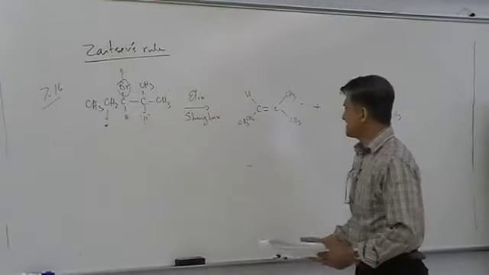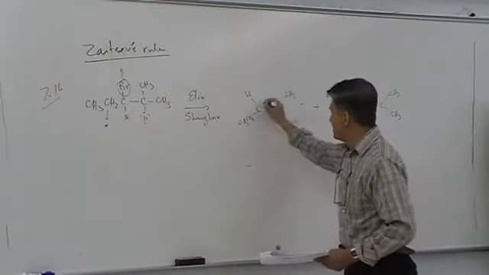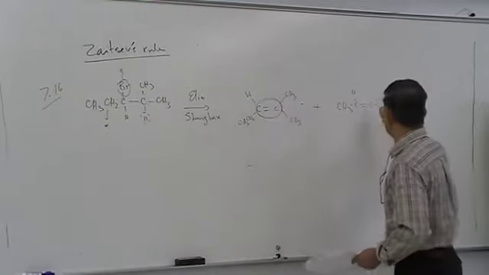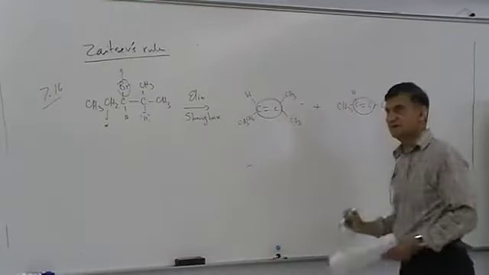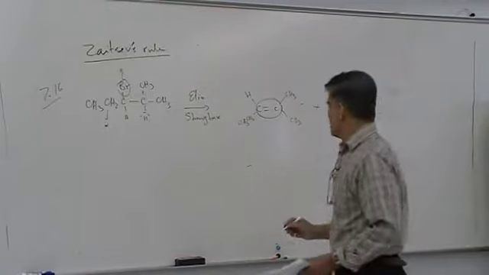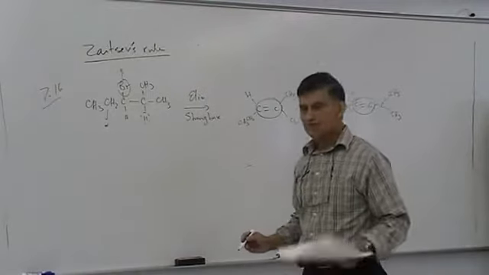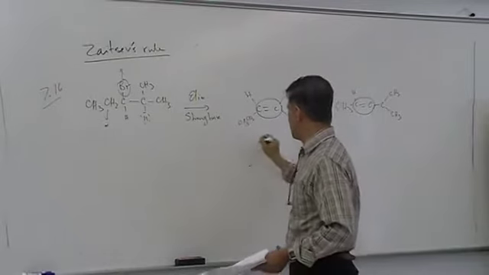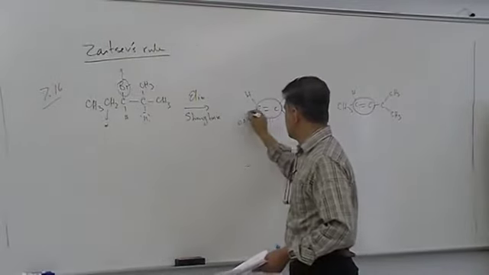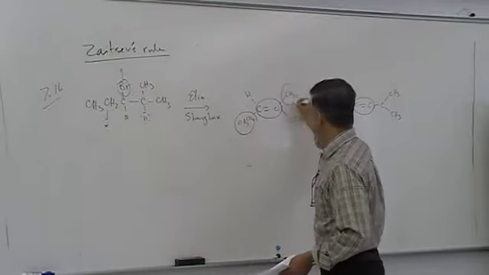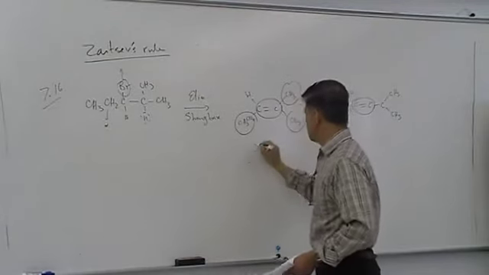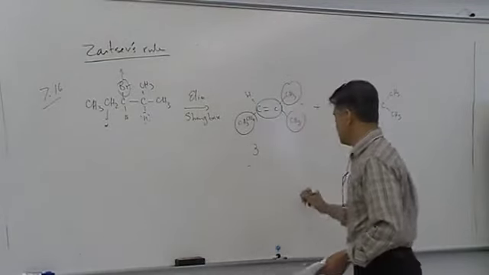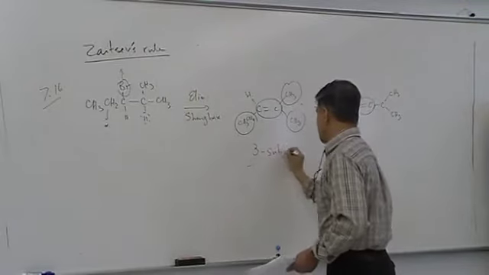Now, in the Zaitsev rule, we focus on what is being bonded to the carbon-carbon double bond, other than hydrogen. Those are called branch points, or substitution groups attached to the double bond, other than hydrogen. This is one of them, second, third. So there are 3 branch points, or 3 substitution groups attached to the double bond.